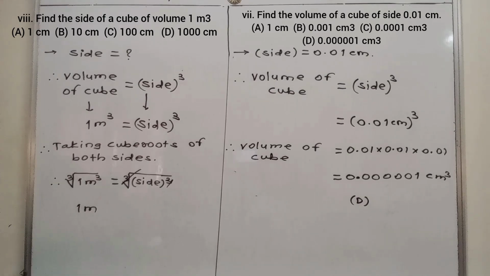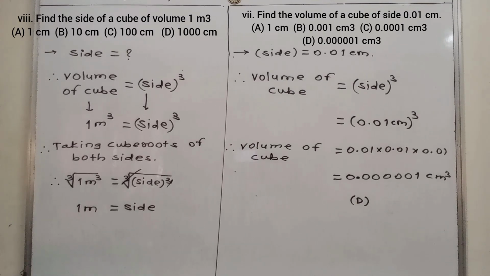So what is left? Meter is equal to side. This is your actual answer, but we have given here option A 1 centimeter, B 10 centimeter, C 100 centimeter, D 1000 centimeter.